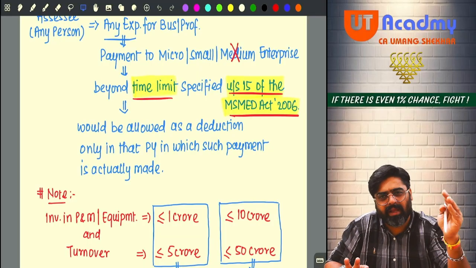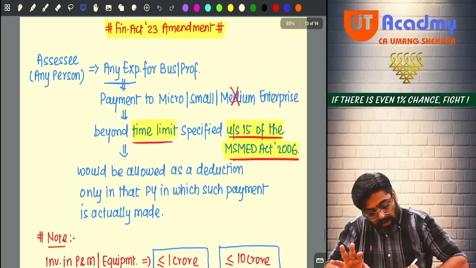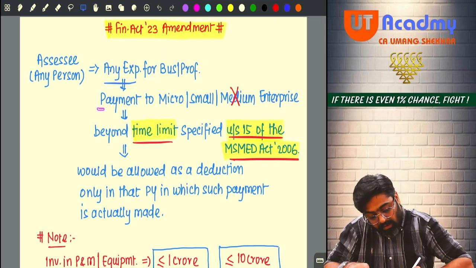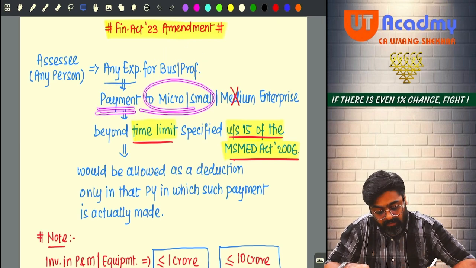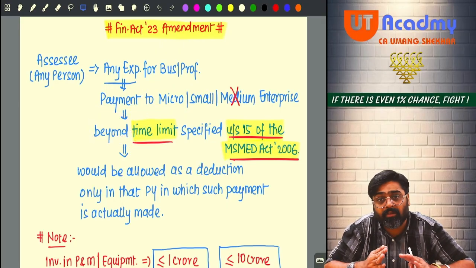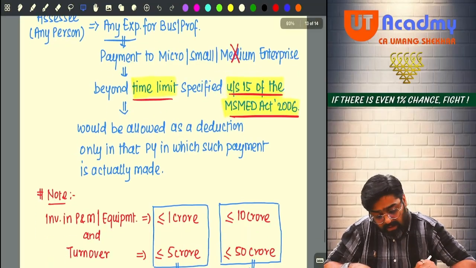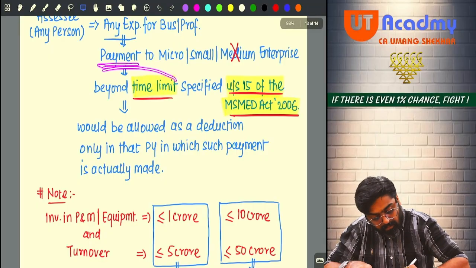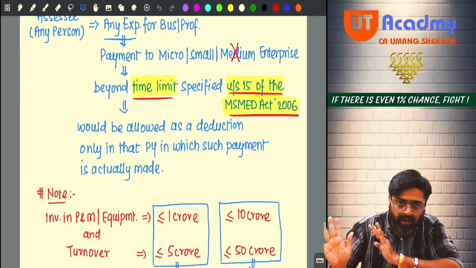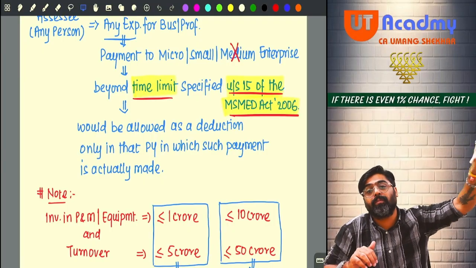Understanding? We'll take one or two examples, and you'll understand better. So, any expense for the purpose of your business or profession, for which payment is to be made to a micro or small enterprise, and that payment is made beyond the time limit specified under section 15 of the MSMED Act. Then that entire payment made beyond the time limit will be disallowed as per 43B, but it will be allowed only in that previous year in which it is actually paid.